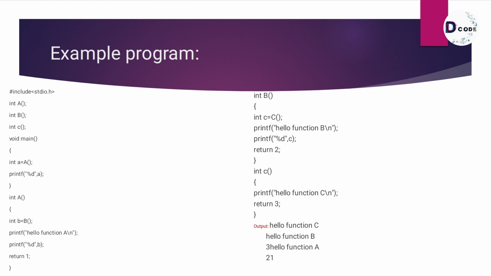Now we'll look at an example to understand function declaration, function definition and function calling. Here in the example, you can see int a function, int b function, int c function. These are function prototypes or function declarations. After declaring the functions, the compiler goes to the main function.